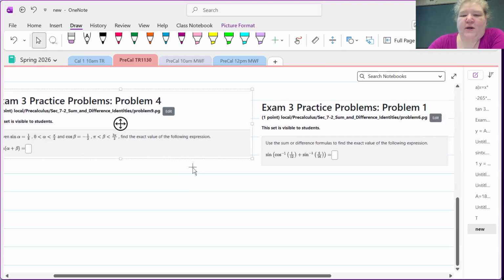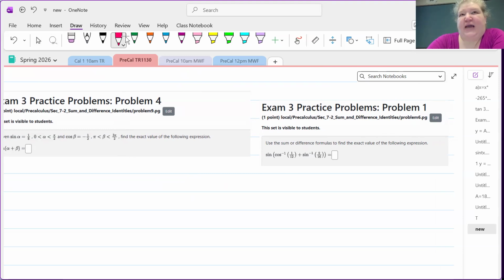So for problems 1 and 2, it is the same question. They're just rolling everything that's spelled out in problem 4 into one compact statement. So this inverse cosine of 1/12 is really telling you the cosine of alpha is 1/12.